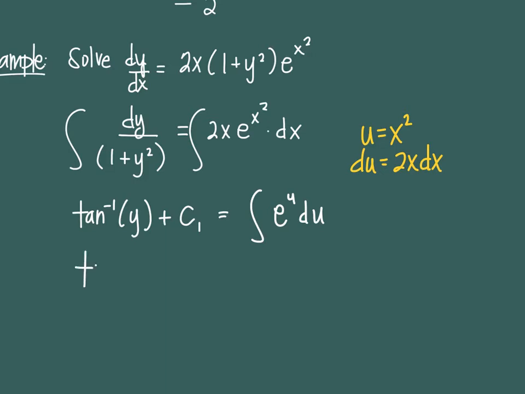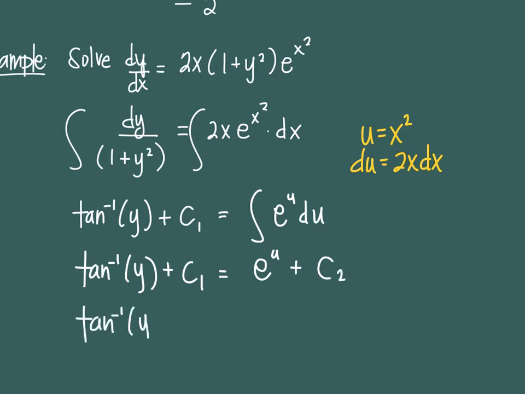So I'll have tan inverse of y, plus the first constant, and now the antiderivative e to the u plus the second constant. Then in my next step I can combine constants and substitute back what the u stood for and just have an overall constant of c. So I've got the inverse tangent of y plus e to the x squared plus c.